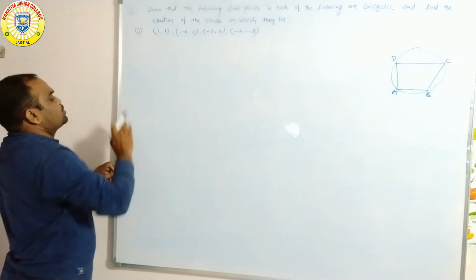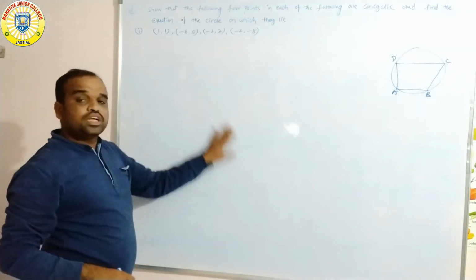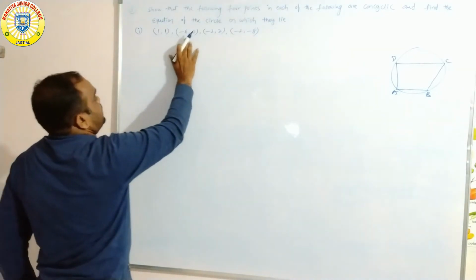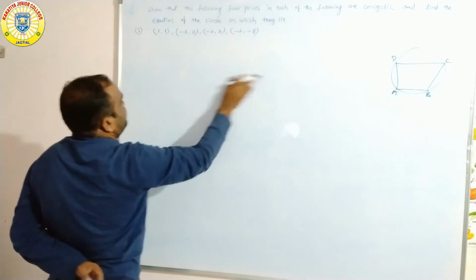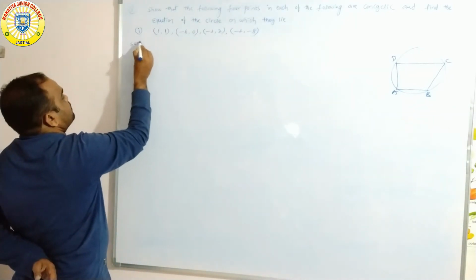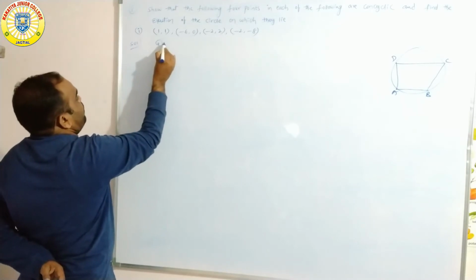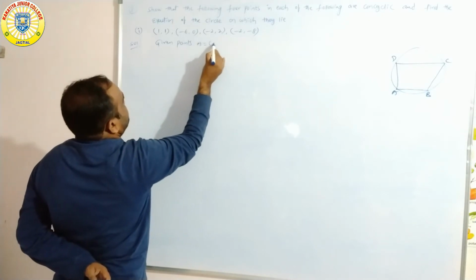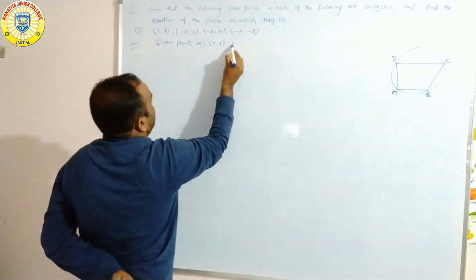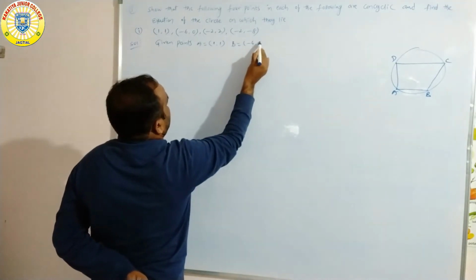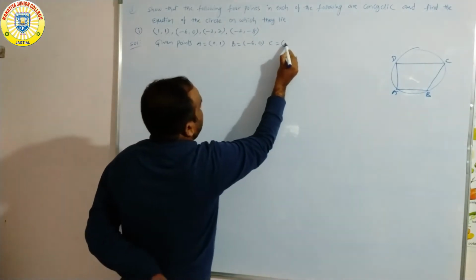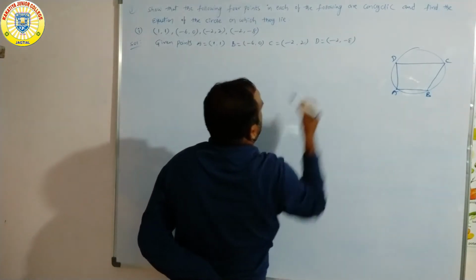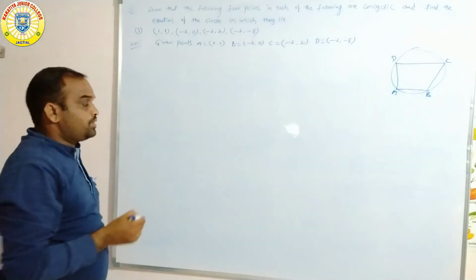Here third bit first question, there are 4 problems, all of the same type. This problem is very important for long type question. Here 1, 1, minus 6, 0, minus 2, 2, minus 2, 8. See the solution. Given points A is equal to 1, 1, B is equal to minus 6, 0, C is equal to minus 2, 2, D is equal to minus 2, minus 8.